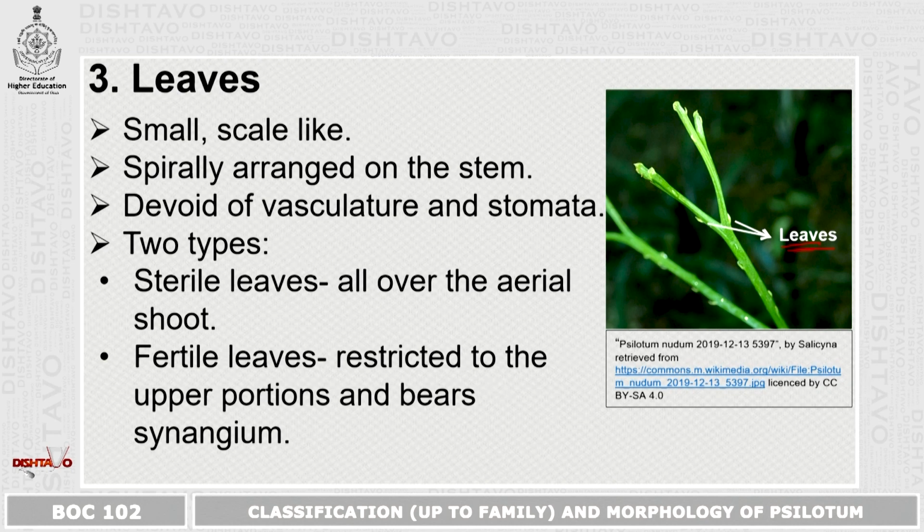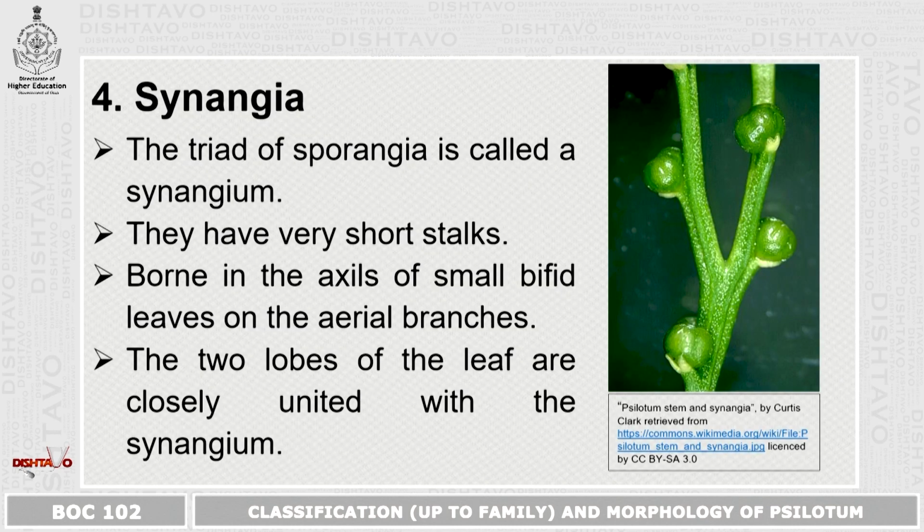Leaves are of two types, that is, sterile leaves and fertile leaves. Sterile leaves are found all over the aerial shoot, whereas fertile leaves are restricted only to the upper portions and bear synangium.